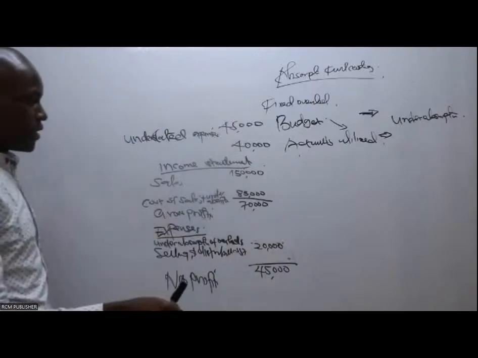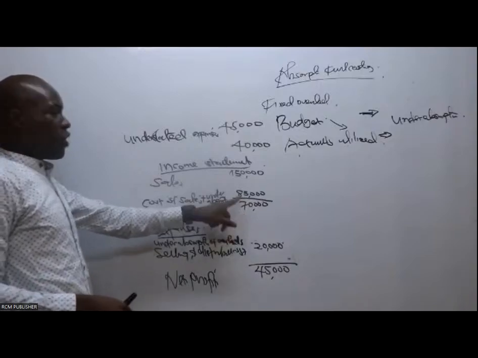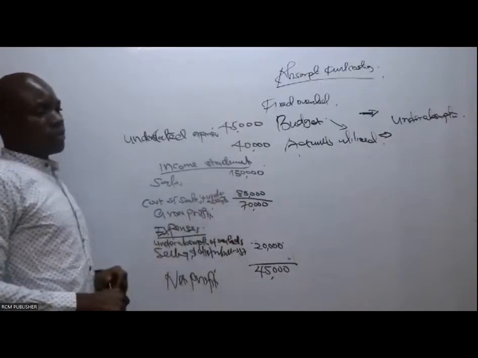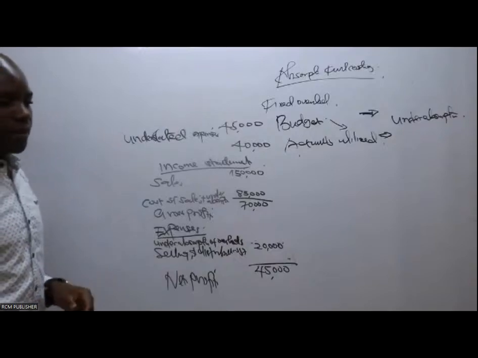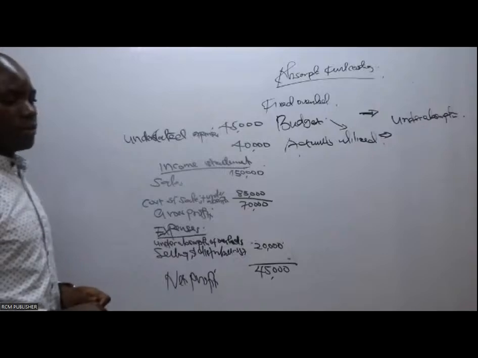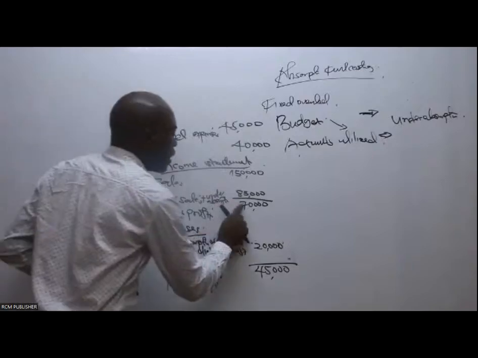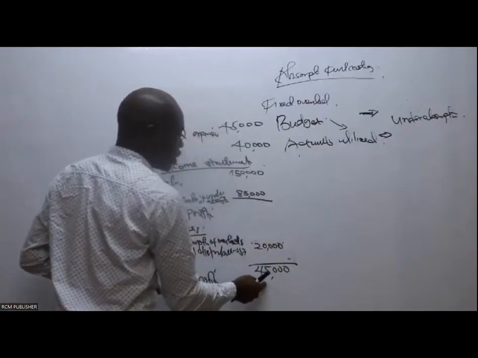My cost of sales is now 85,000. Now 150,000 minus 85,000, what will be the figure there? I'm having 65,000. I want us to watch down here.